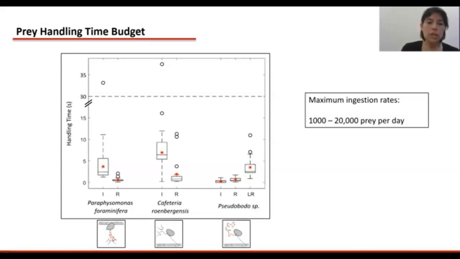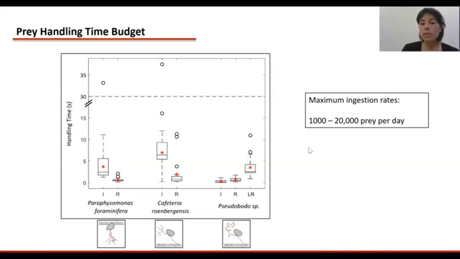As you can see, ingestions in general are different: cafeteria had longer ingestion handling times, Paraphysomonas had somewhat shorter handling times, and pseudobodo had surprisingly very short handling times for ingestions. Rejections in general are all short, except for pseudobodo's characteristic lash rejection, which takes longer because once uncoiled, the flagellum slowly returns to its searching mode, so that takes a bit more time.